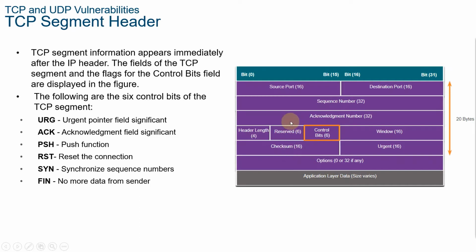So the following are the 6 control bits of the TCP segment. You've got the URG or urgent pointer field significant, ACK or the acknowledgement, PSH or the push function, RST for the reset, SYN for the synchronized sequence numbers, and FIN, no more data from the sender.